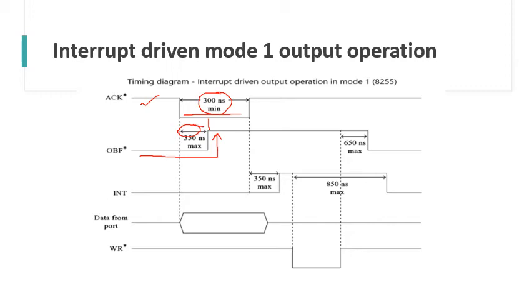From active to inactive, that is from low to high, indicating that the data in the buffer has been read and it no more contains new data. To visualize properly, refer to the timing diagram that I am showing now, right?